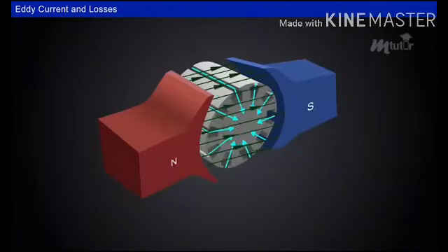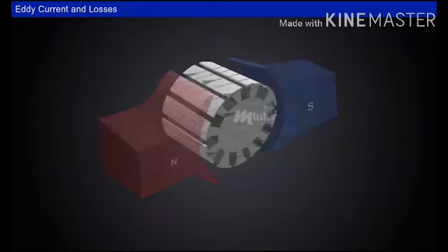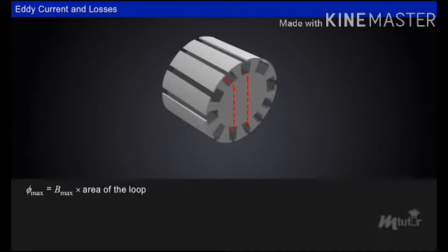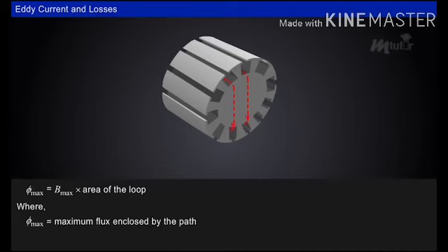This EMF causes circulating currents to flow in the rotor core. Induced EMF depends on the flux enclosed by the path. That is, phi max is equal to B max into the area of the loop, where phi max is the maximum flux enclosed by the path and B max is the maximum flux density.